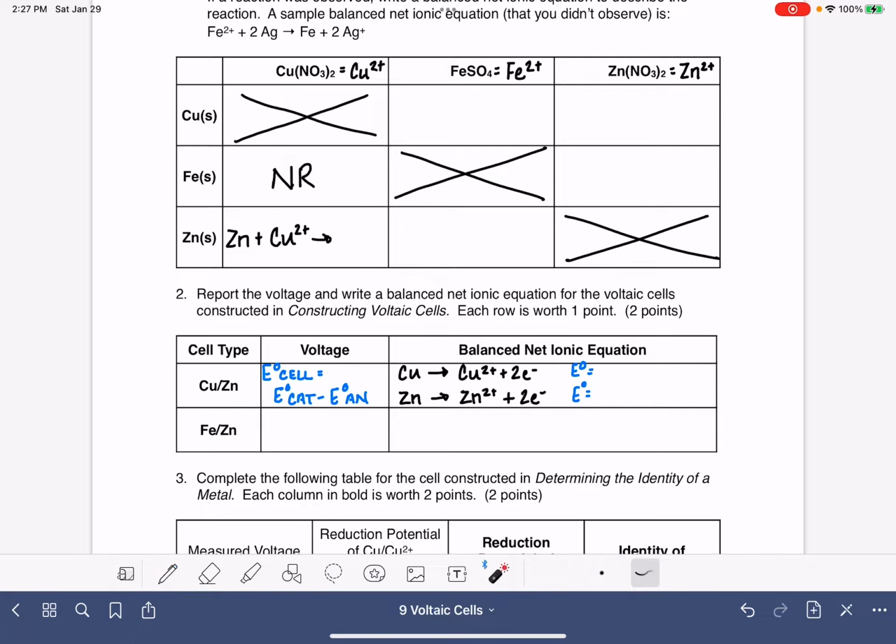So what you're going to do is test out the 2 possible options for fitting these numbers into the E cell equation. You'll try this as the cathode and try this as the anode and see if that gives you the correct E cell. If it doesn't, try it the other way around. Try this one as your anode, try this one as your cathode, see if it gives you the correct voltage.